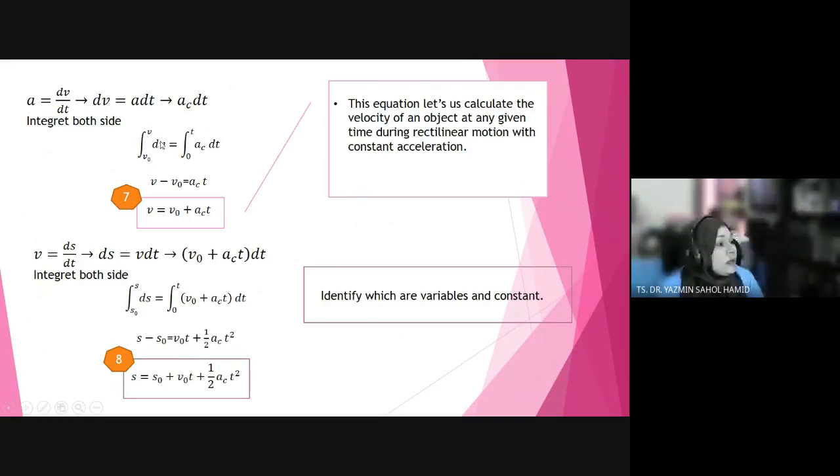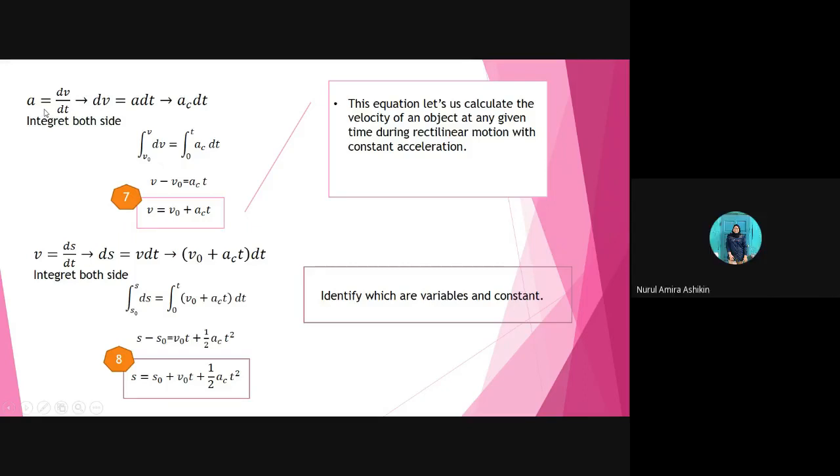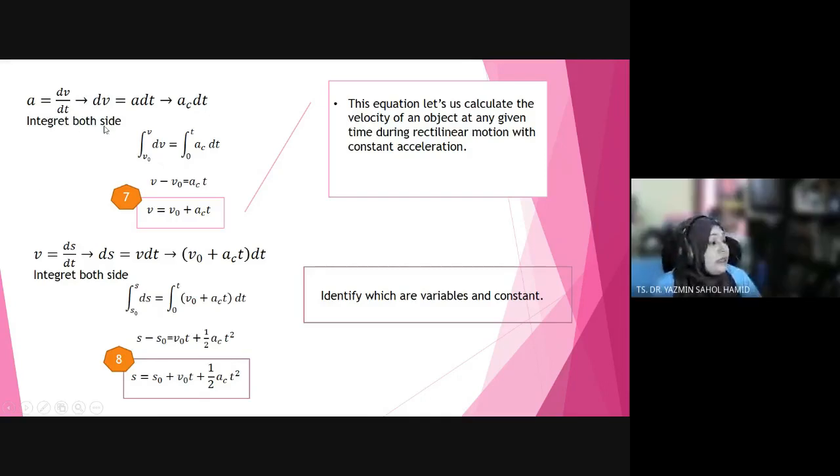So what is happening here? Are we integrating it or differentiating it? Nurul Amira Ashikin, are we integrating or differentiating it? Integrate. Yes, we are integrating it.